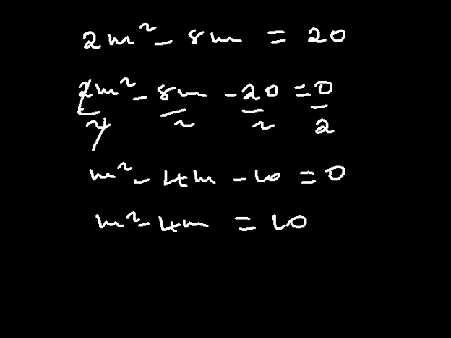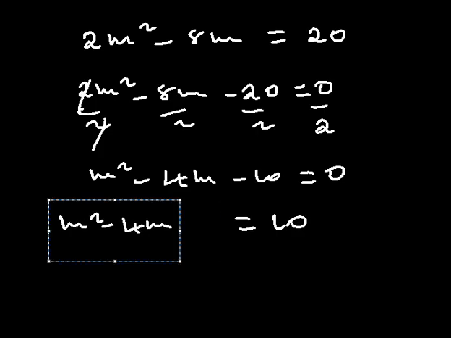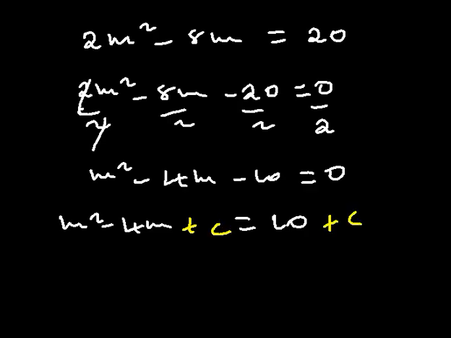Then as you can see, we need to introduce the missing value here, which is c, by the principle of completing the square. We'll have c which is missing, and also c on that side. Now, what is a? A is given as 1, b is given as negative 4, and c is what we are looking for.